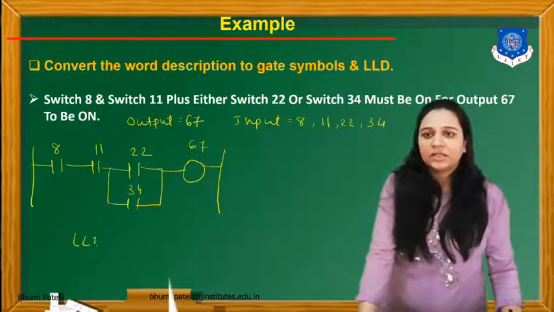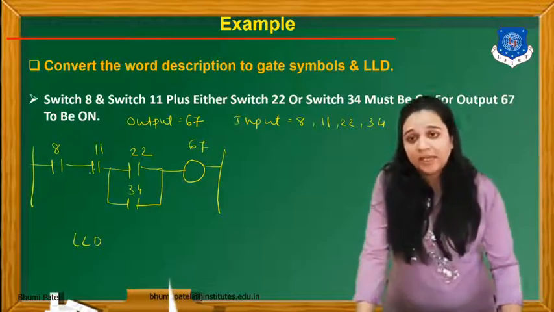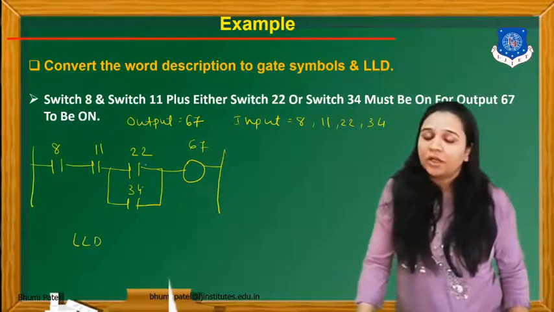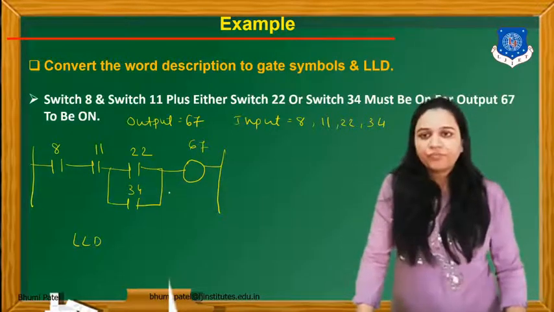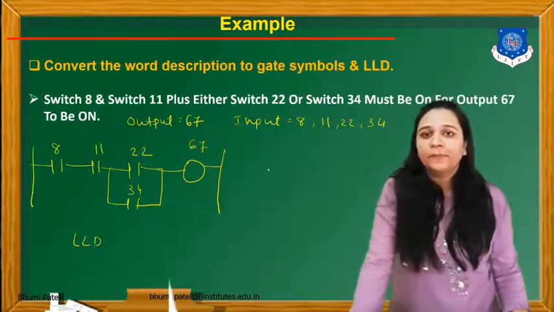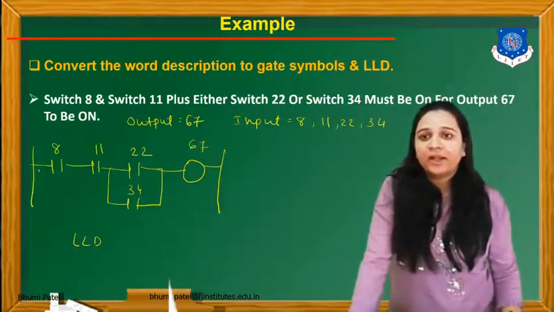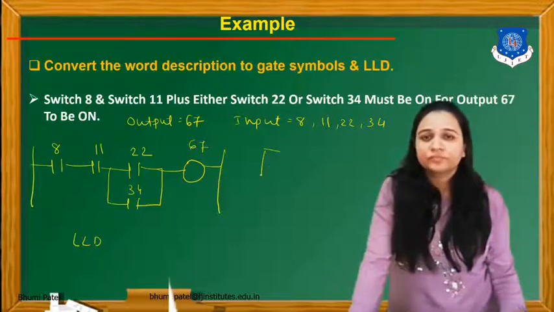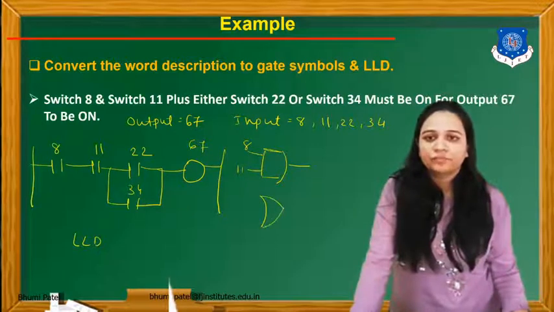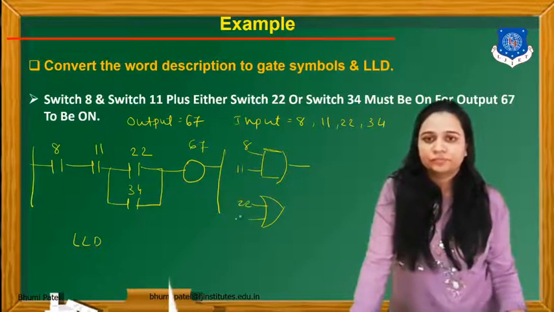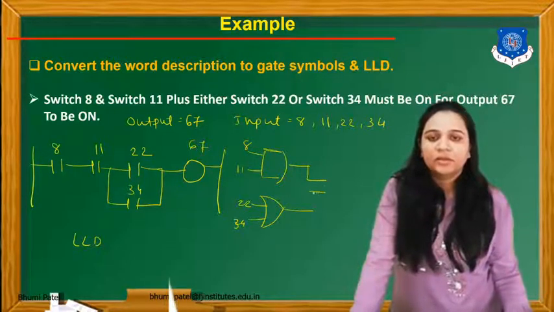So what is the condition? If 8 is on, 11 must be on, and 22 or 34 must be on. At that time output 67 will be on. If we have to draw the gate symbol diagram, for 8 and 11 we can put an AND gate, and for 22 and 34 we can put an OR gate, and both are connected to an AND gate.